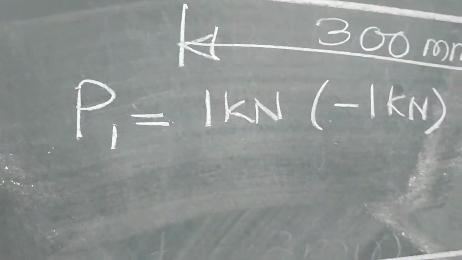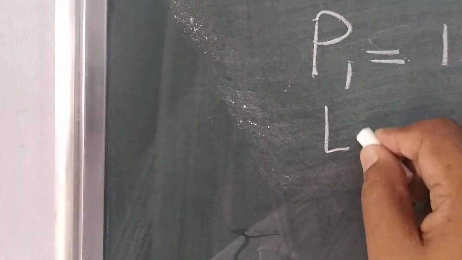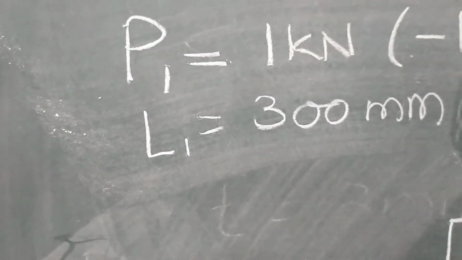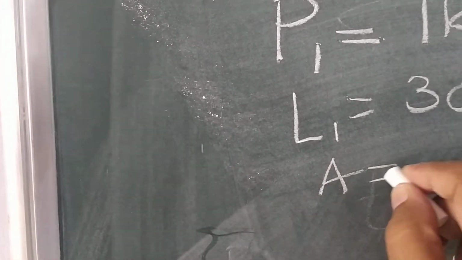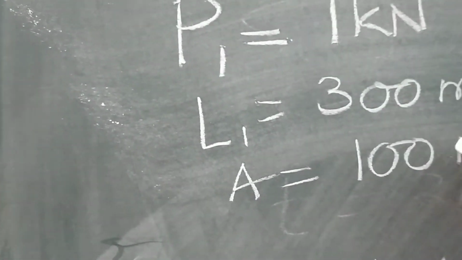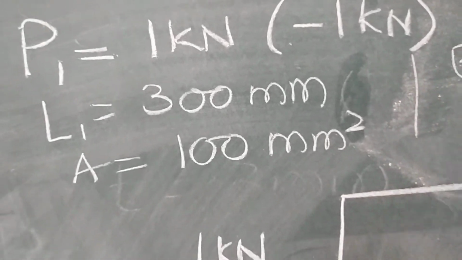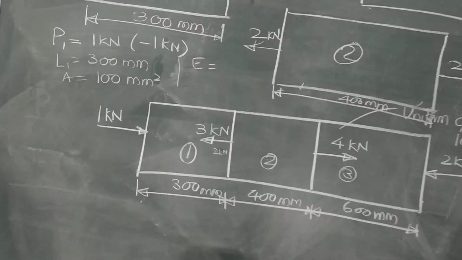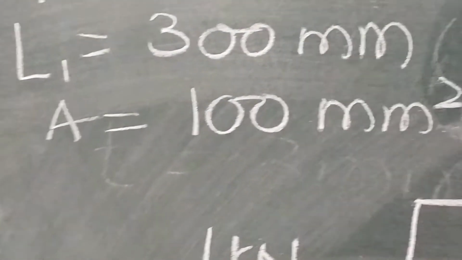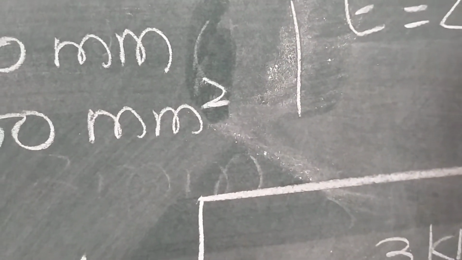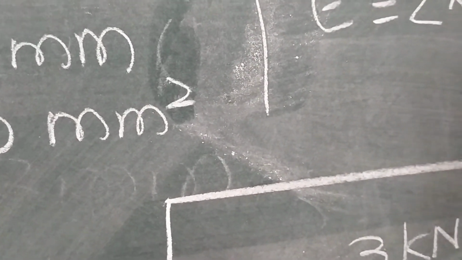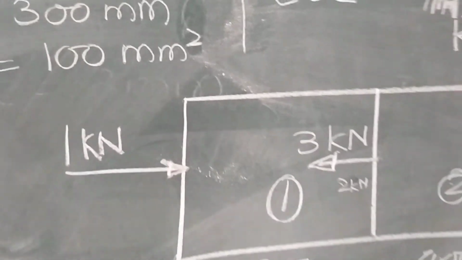Compression force is there. L1 is 300 mm. Area given is a uniform area 100 mm square. E is given as 2 into 10 raised to 5 Newton per mm square for the whole bar.